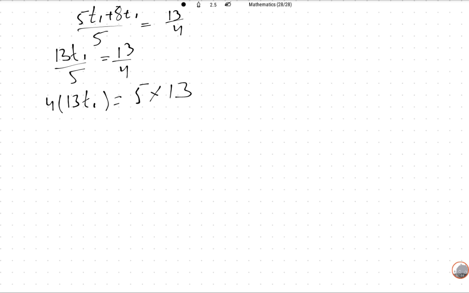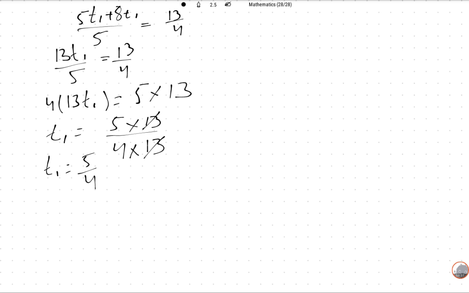Okay, I'm not multiplying yet because I know 4 and 13 will divide. t1 is equal to 5 multiplied by 13, being smart, understand? So 13 will cancel and t1 is equal to 5 upon 4. So time t1 is equal to 5 upon 4.